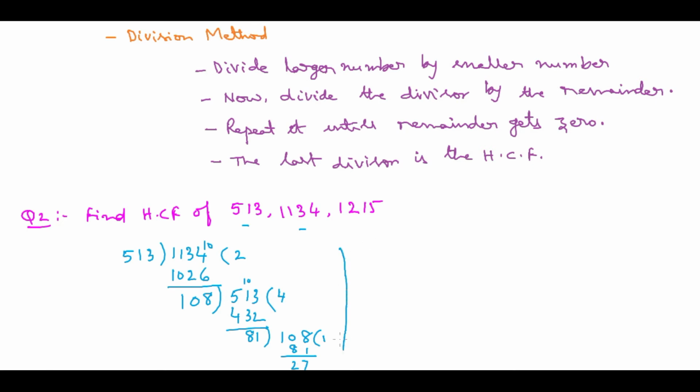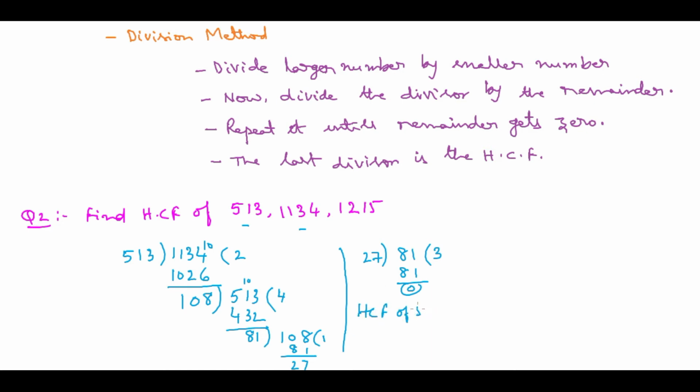Let me proceed here. So 27 and the divisor is 81. How many times will it go? 3 times. 3 7s are 21, 3 2s are 6, and this is 8. So it will be 0.